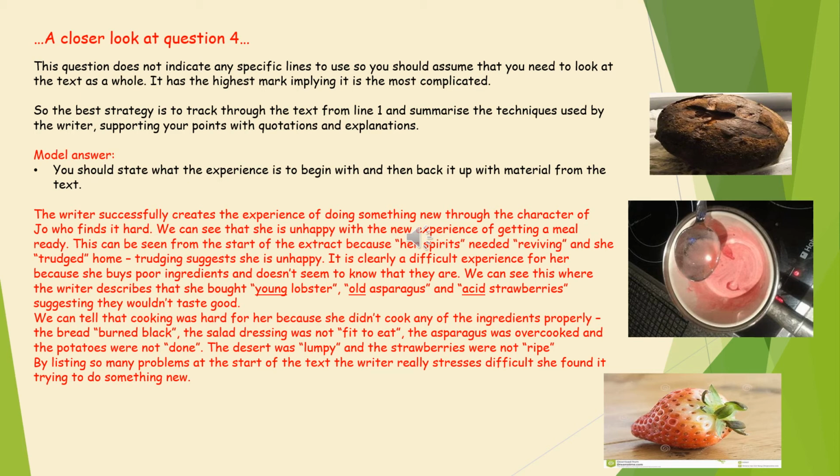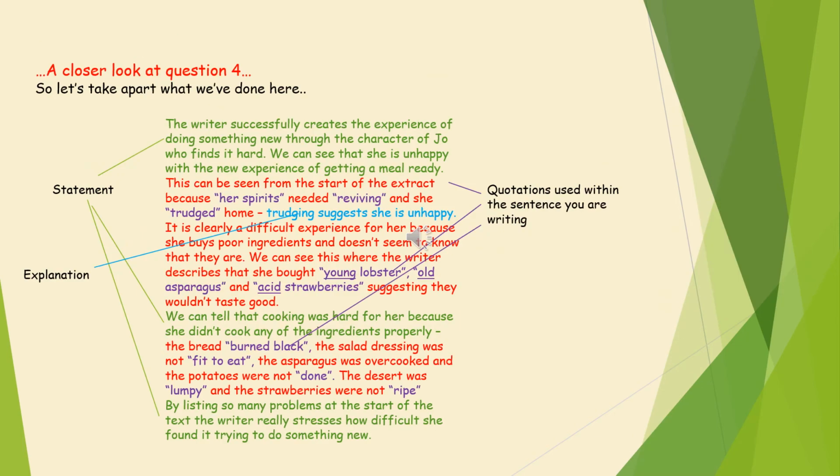She finds it hard because it doesn't make her happy. She finds it hard because she doesn't know how to buy proper ingredients. And she finds it hard because she didn't cook any of the ingredients properly. And you'll see how we've done this when I take it apart in the next slide.